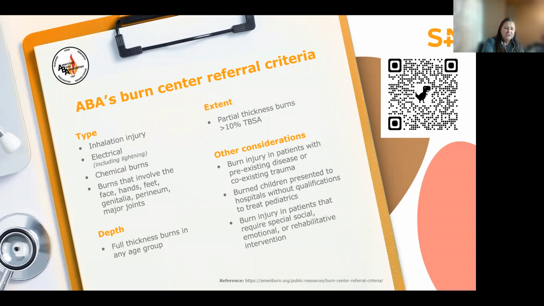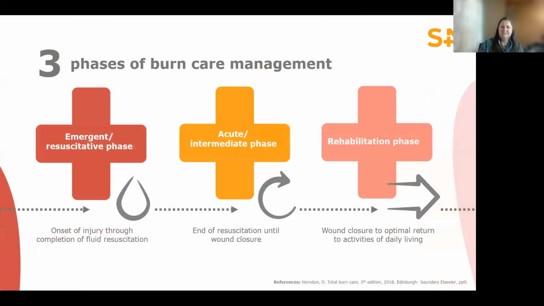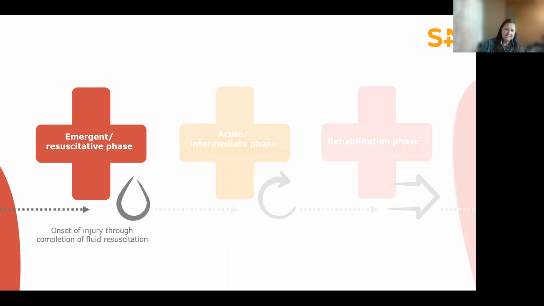So let's dive into the treatment of burn patients themselves and the criteria we follow. Burn care can be categorized into 3 areas. First being the emergent resuscitative phase, then the acute intermediate phase, and then finally the rehabilitation phase. Let's discuss the phases in detail, starting with that emergent phase.